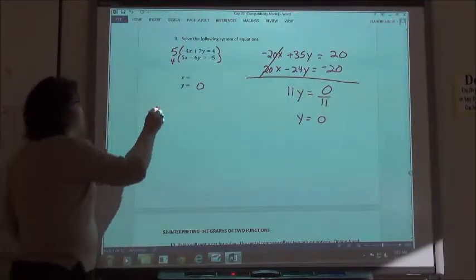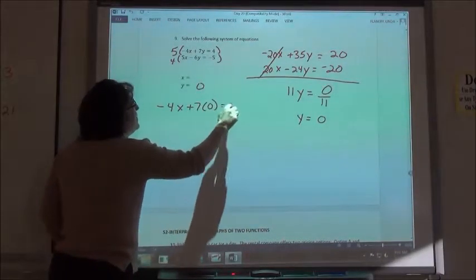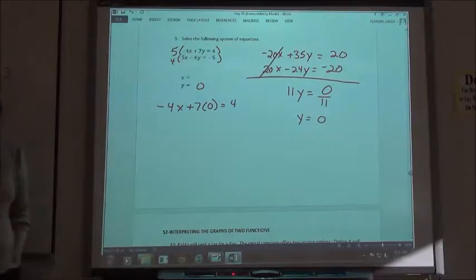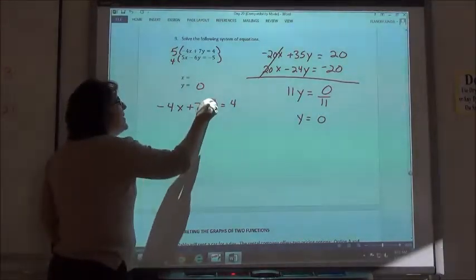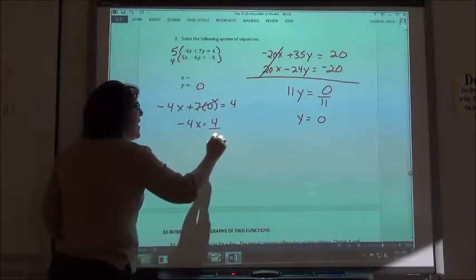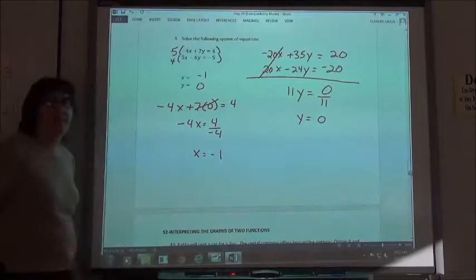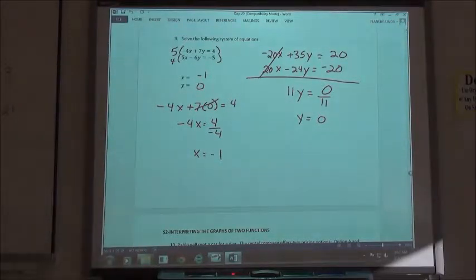I'm going to have -4x plus 7 times 0 equals 4. Then I got to solve that. So 7 times 0 is 0, so -4x equals 4. And then I divide. And Kenyon said, oh, yep, it's -1. So x is -1 and y is 0.